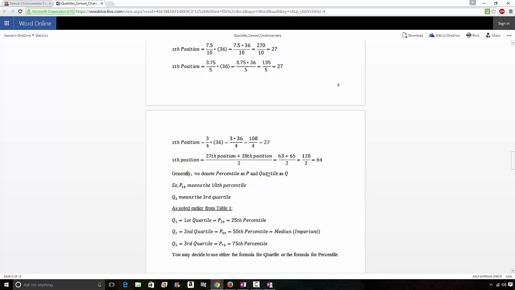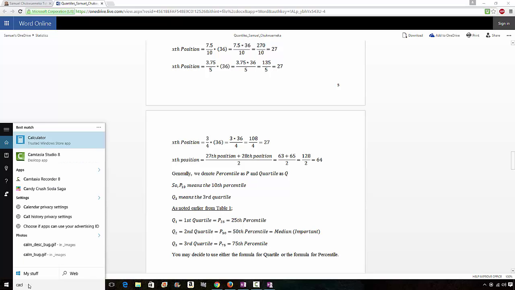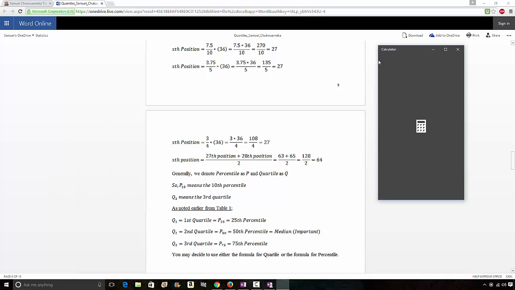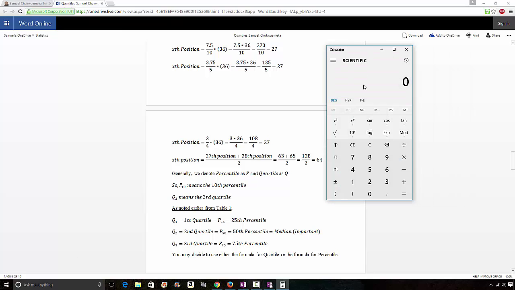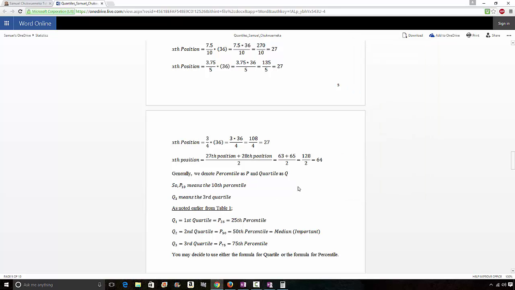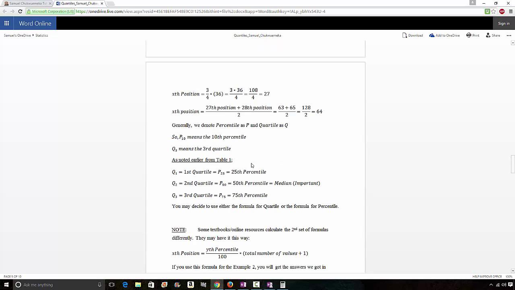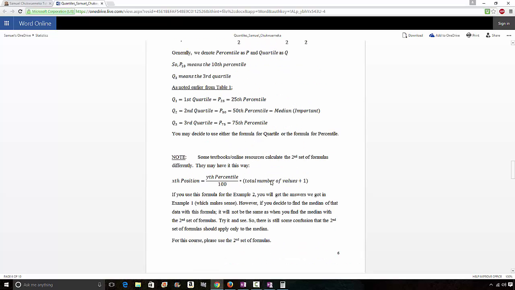Because then you would have, let me pull up my calculator, 75 over 100, which is 0.75 times, instead of 36, you will have 37, because with this formula it's 36 plus 1, which is 37.